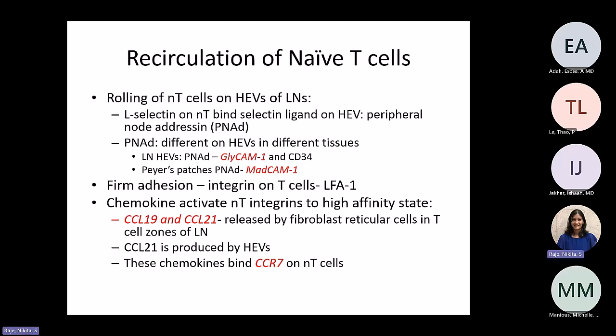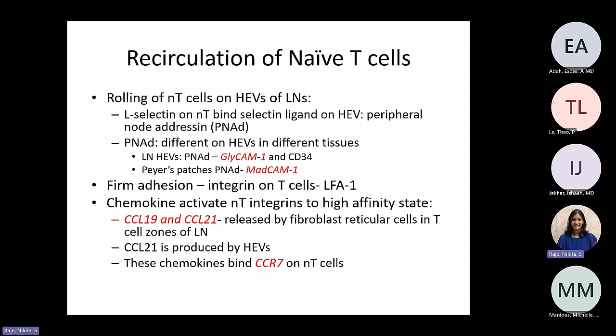So L-selectin is just looking for its buddy, the selectin ligand. L-selectin's particular ligand for the lymph node is called peripheral node addressins. Now, in different tissues, the peripheral node addressin can be different.